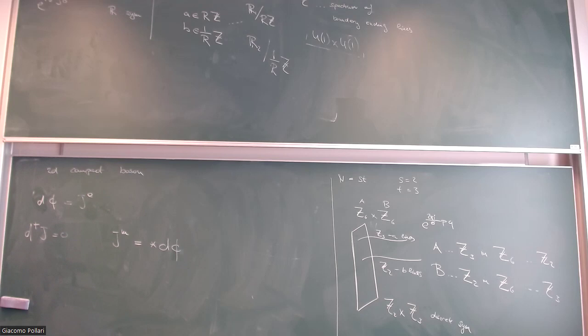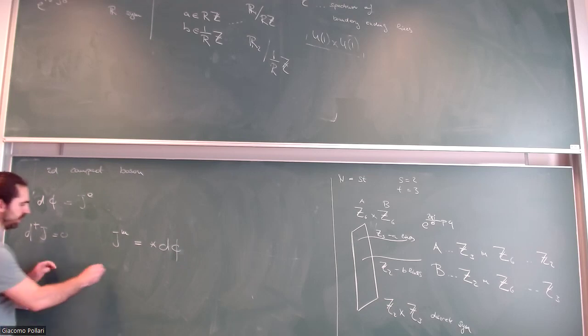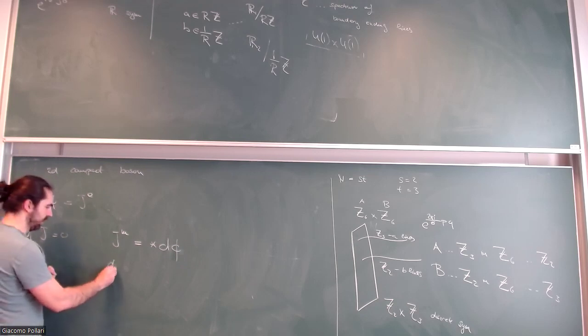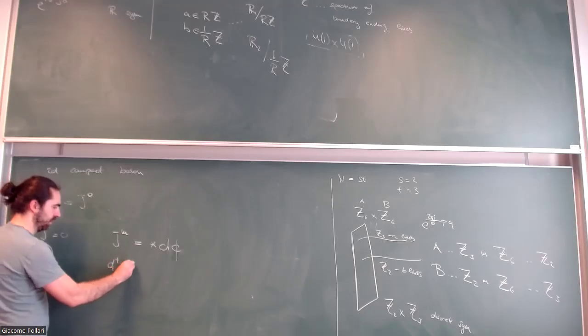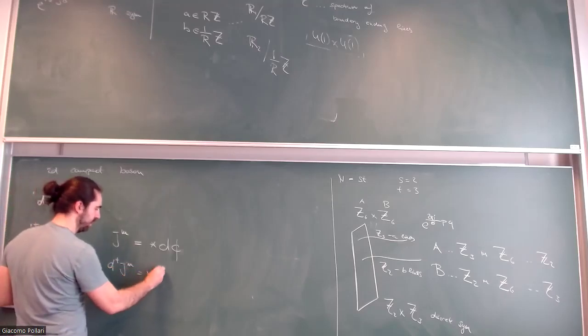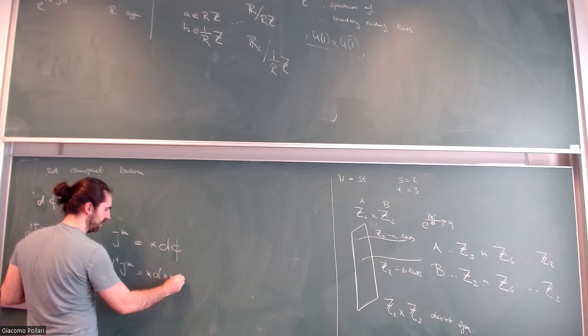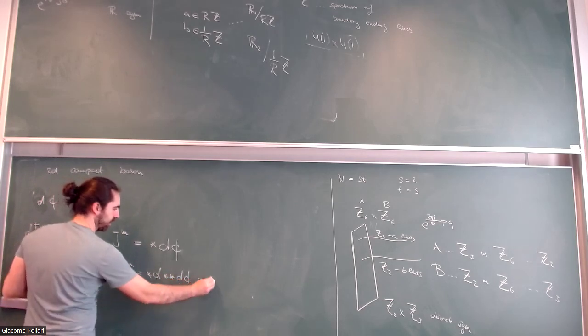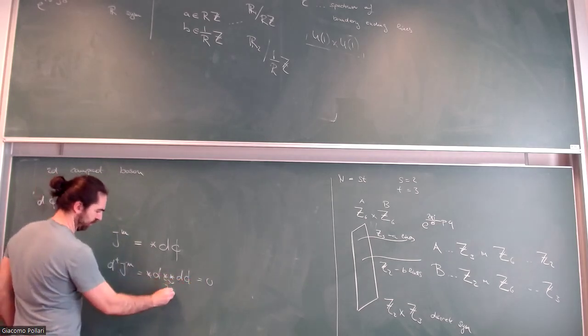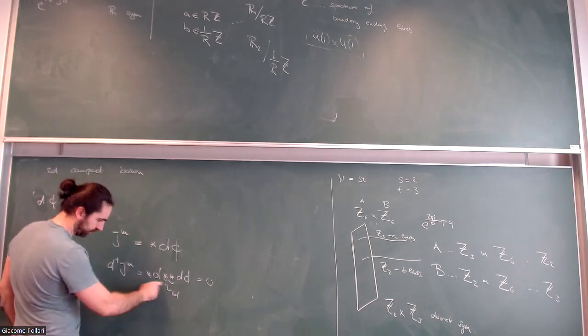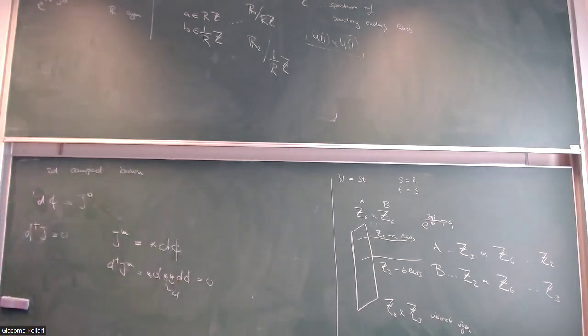This time it's even better because I don't need the equation of motion to show it, because it's literally just d dagger and the star, the stars are defined. It's always zero, right? Because d squared is 0.